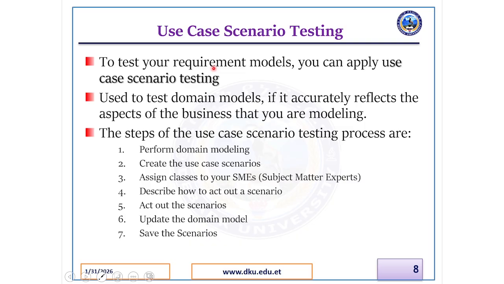The first one is perform domain modeling, the second is create the use case scenarios, the third is assign classes to your subject matter experts, the fourth is describe how to act out a scenario, the fifth is act out the scenarios, the sixth is update the domain model, and the last one is save the scenarios.